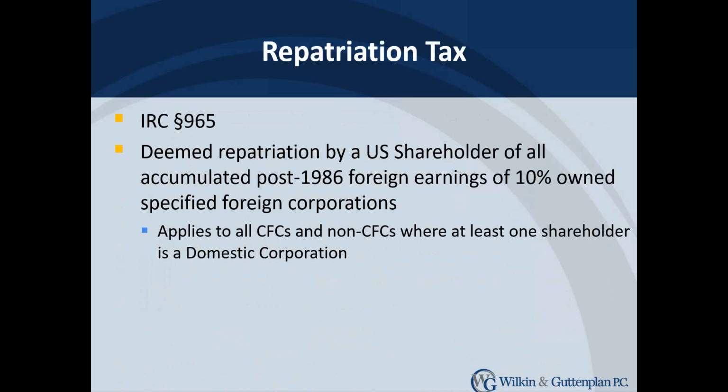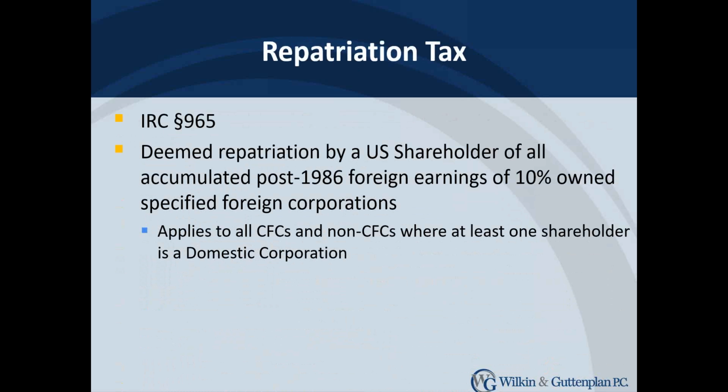If that is the case, this individual shareholder, who owns 15% of this foreign corporation, has a lot of homework and paperwork to do in order to calculate the earnings and profits of that foreign corporation and include that income into their 2017 income tax return. We'll talk about the effective date in a little bit, but in essence, that's what this law does.